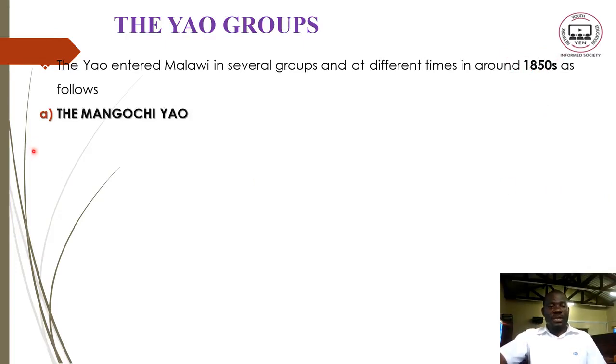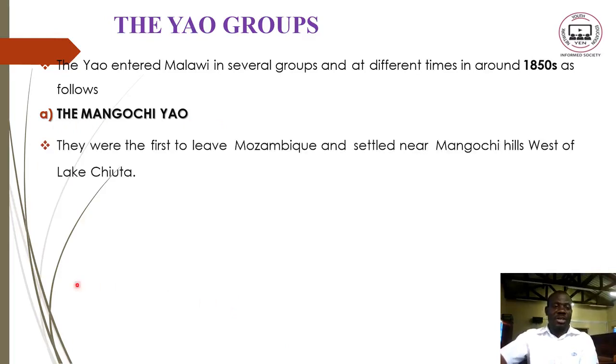So one group was the Mangochiao. So they were the first to leave Mozambique and they settled near Mangochi Hills, west of Lake Chirwa. So they settled near Mangochi Hills, near Lake Chiuta. And another group was the Machinga Yao.